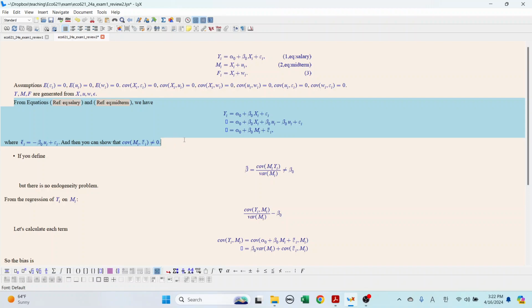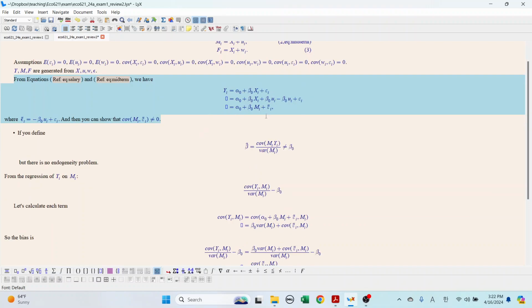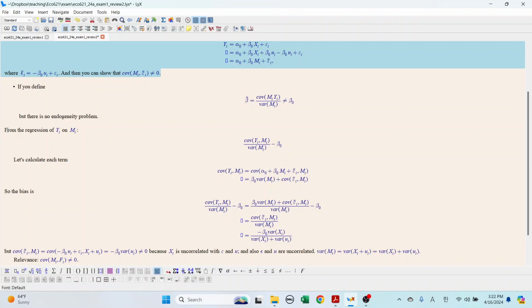And then if you take this, and from the regression of y on m, the bias is this difference.